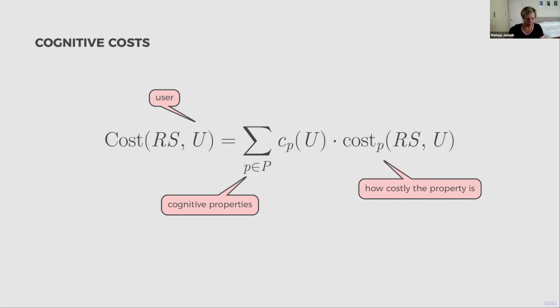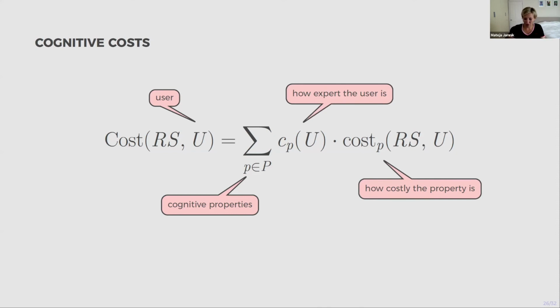So for example, the working memory load or the branching factor would be much more important than, say, the number of tokens or the expression complexity as a property. So they carry different costs. And then here is the cost, the cognitive load that is being computed for that particular user.